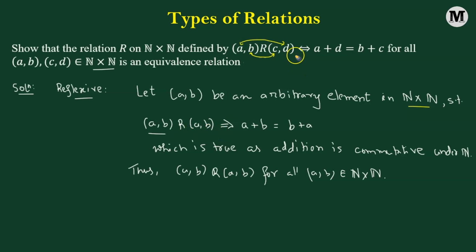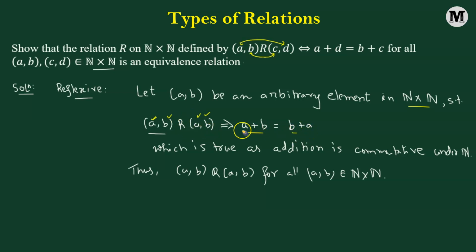Using the condition that is given to us, we added the first element of the ordered pair (A, B) to the second element of the ordered pair (A, B) to get A + B on the left hand side, and this will be equal to the addition of the remaining two elements. That means the second element of the first ordered pair (A, B) and the first element of the ordered pair to the right of R.